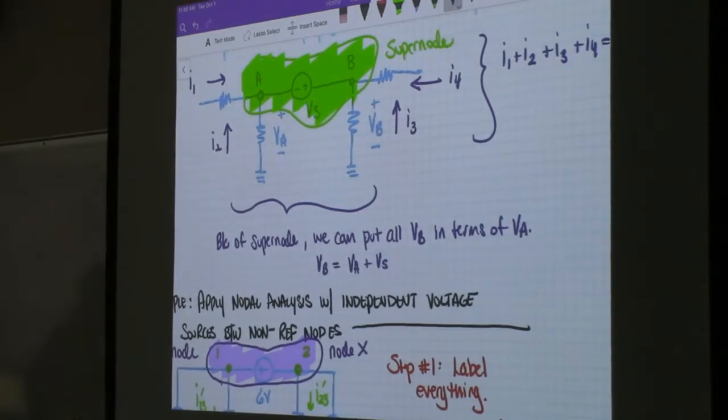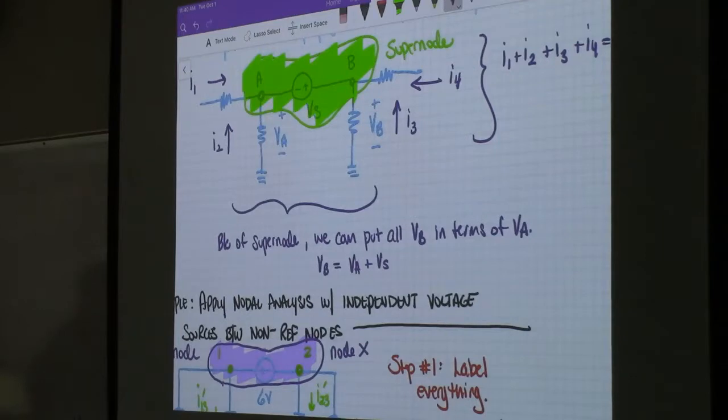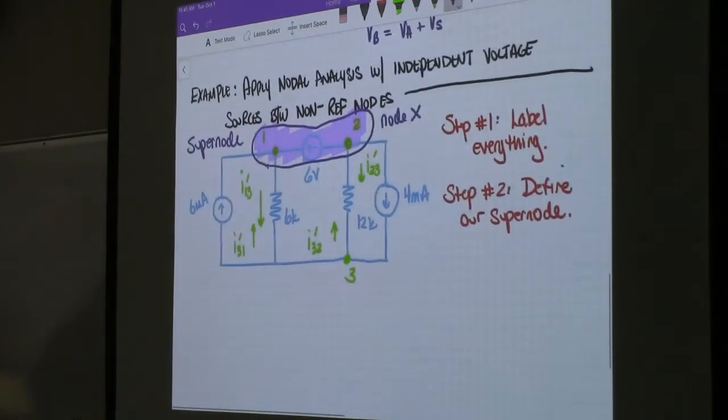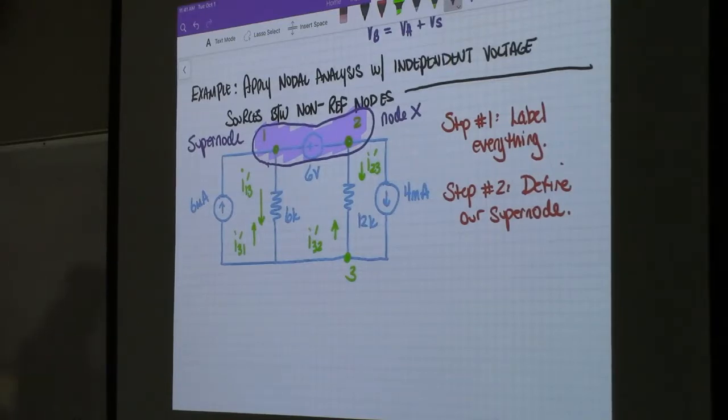It's a one-to-one relationship. So that's how we handle this type. We reduce the number of nodes by 1, taking the supernode and combining 2 together, and we eliminate that unknown using this substitution right here. But anyway, let's go through and do an example which will help us explain how to do it.